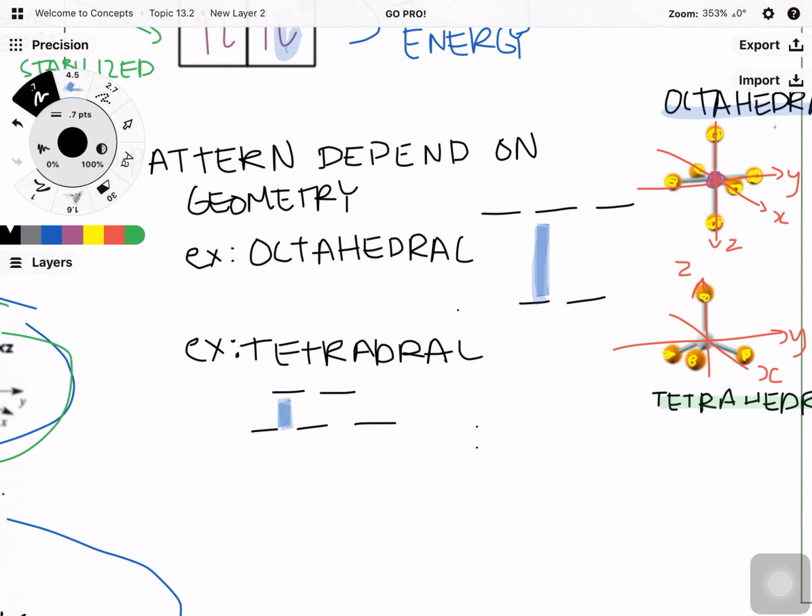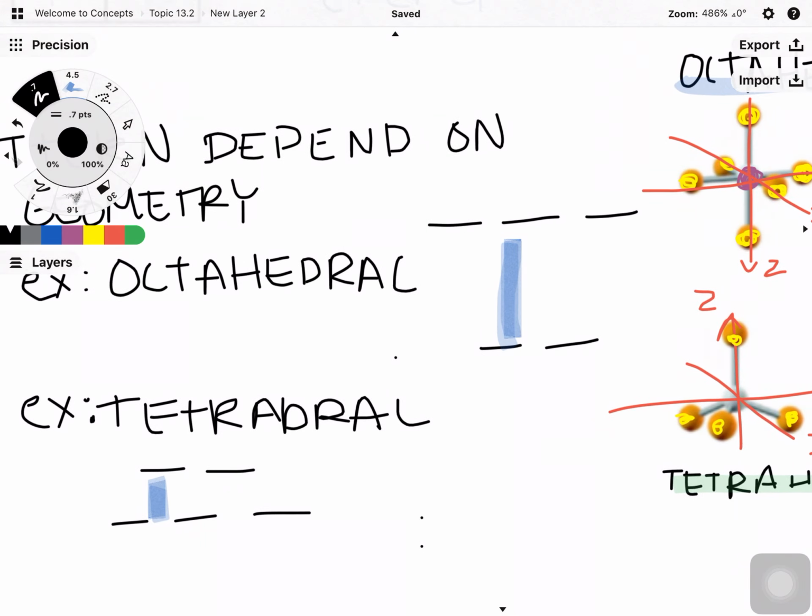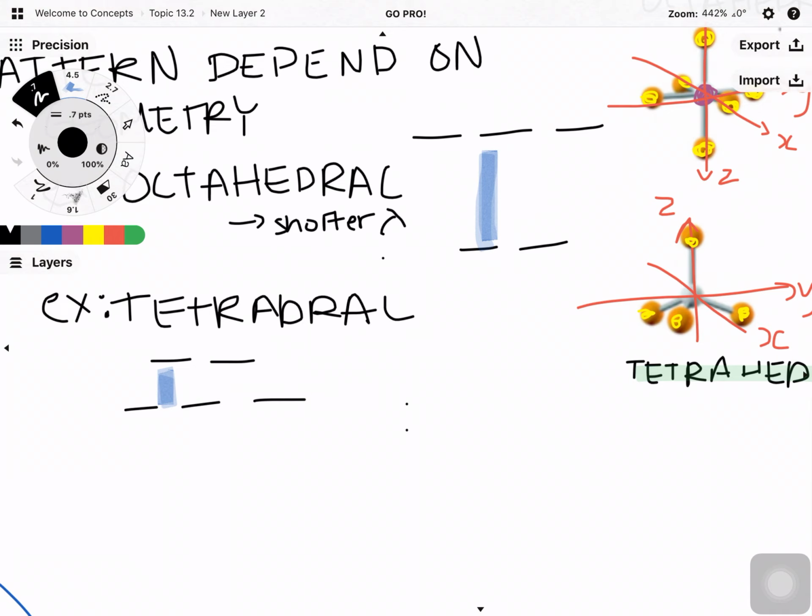And so what you'll end up having is an octahedral shaped ligand and metal ion complex will need shorter wavelengths, meaning more energy, and tetrahedral will need longer wavelengths, so less energy, to jump up to that closer, relatively, split d orbital. Okay?